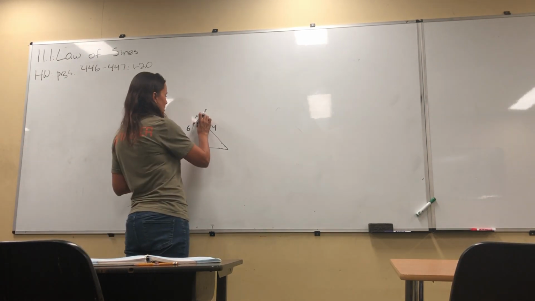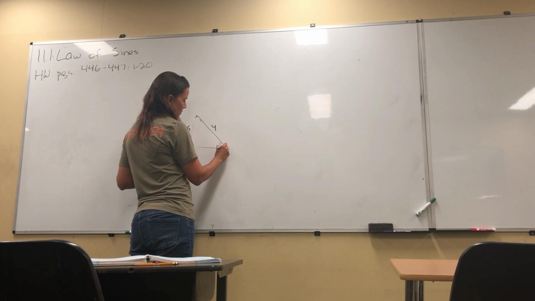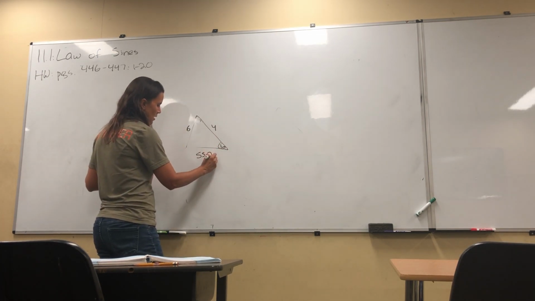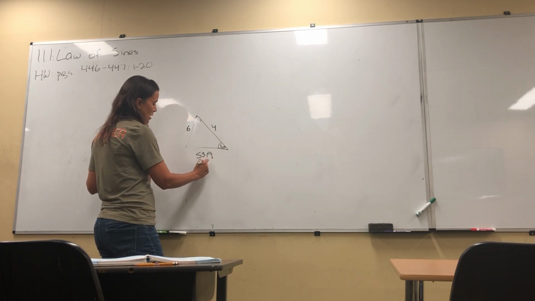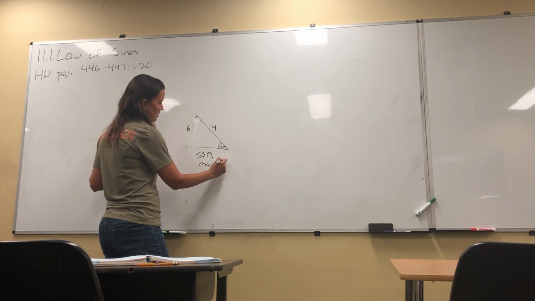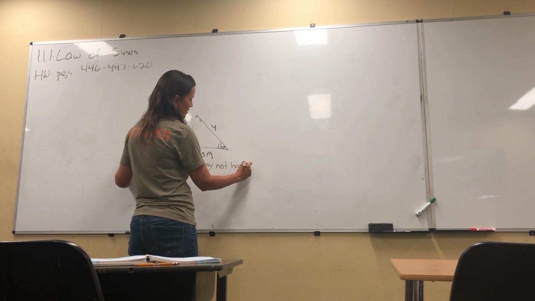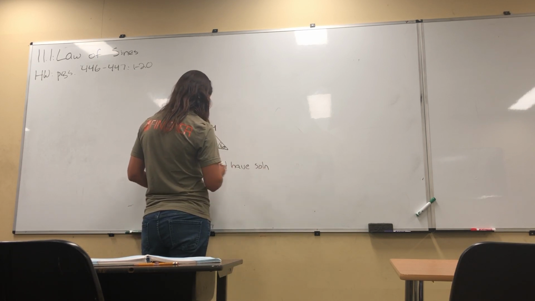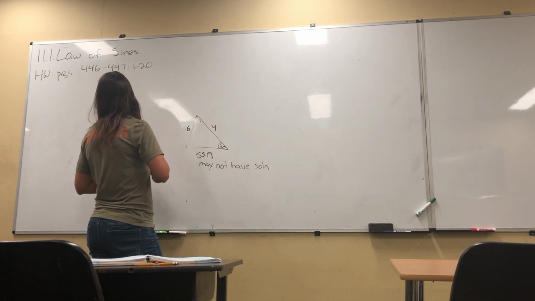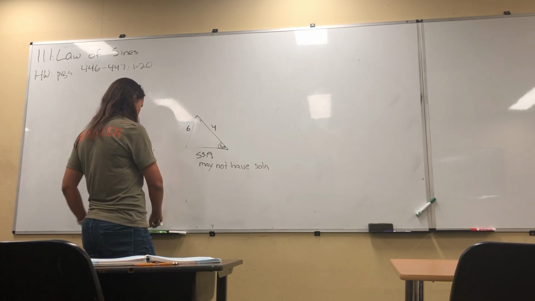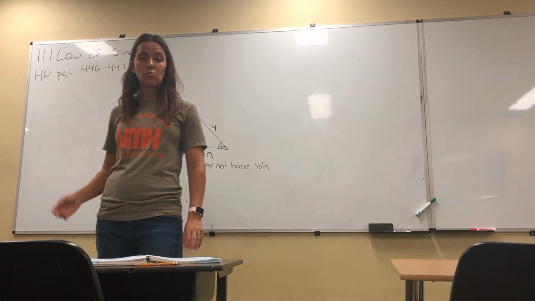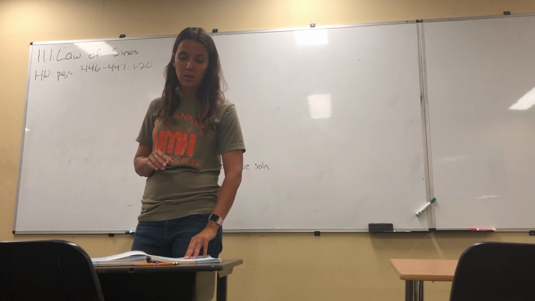So only side, side, angle may not have a solution. Okay? So that is 11.1. Your homework is 1 through 20. You don't need the proof for any of the homework.